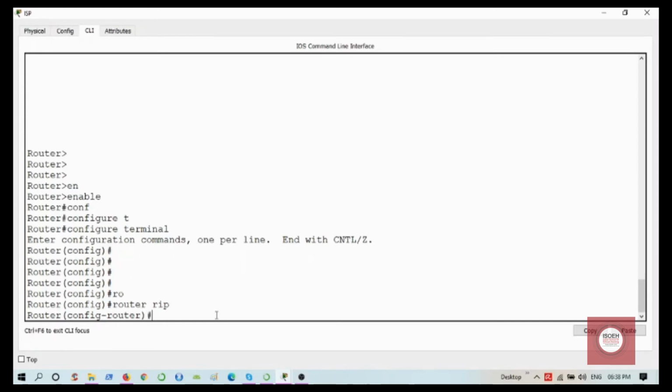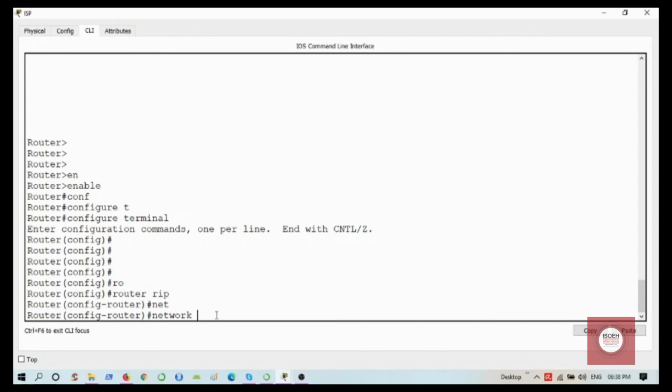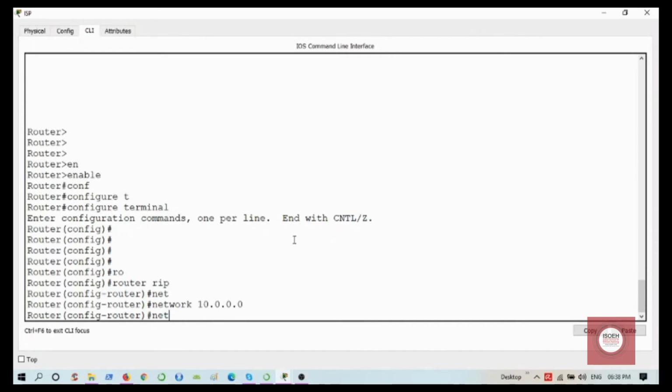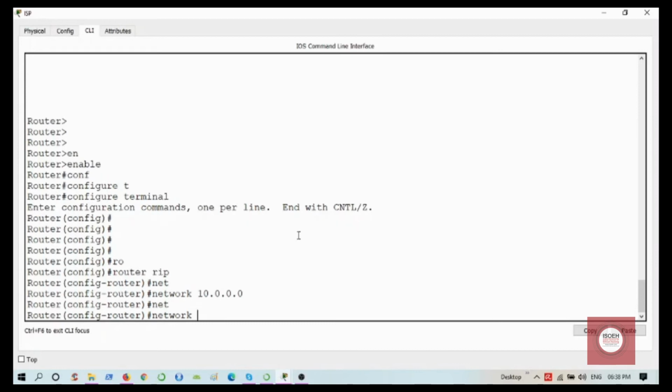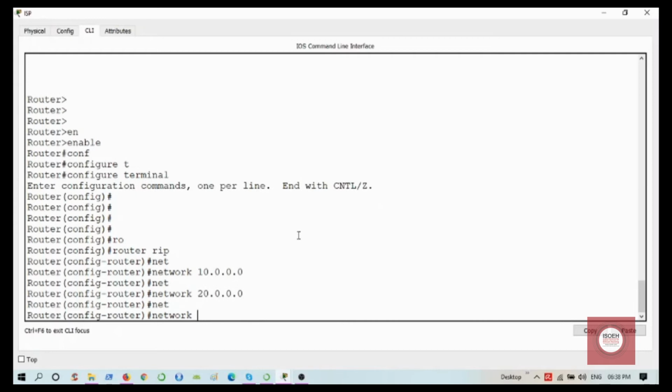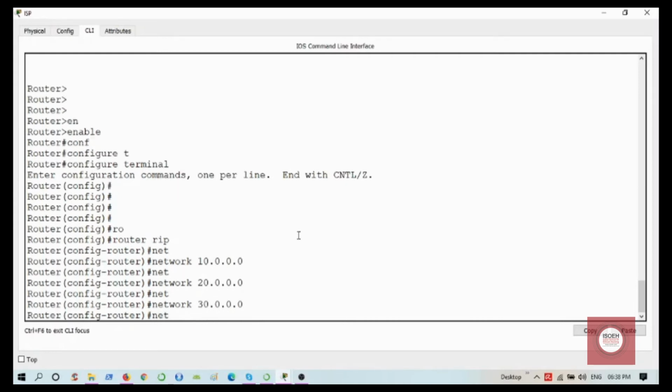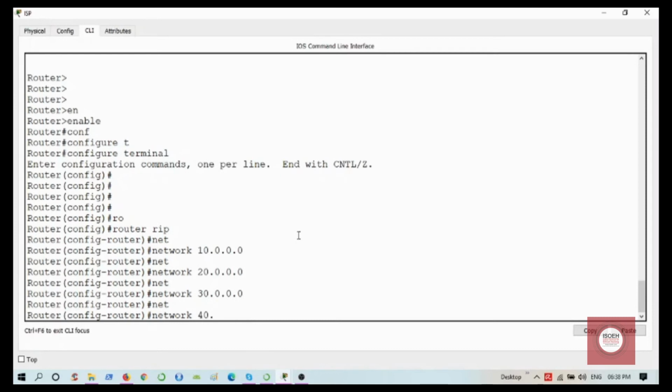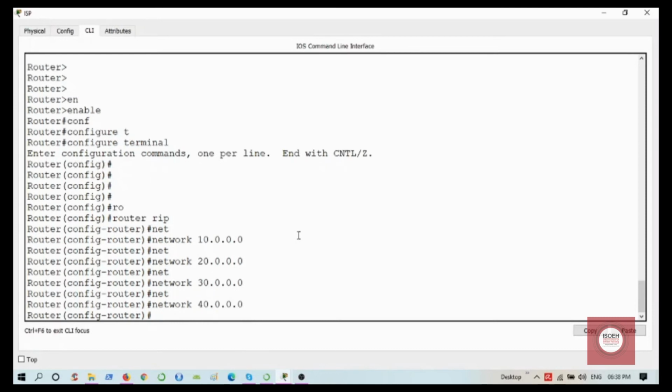Router rip, network, then network, then network, then network. Okay, so we are done with this router.